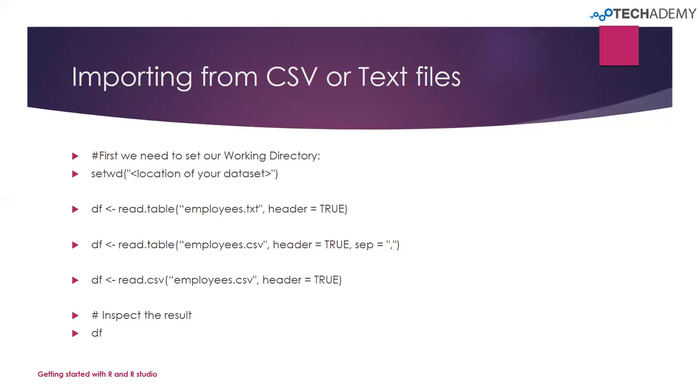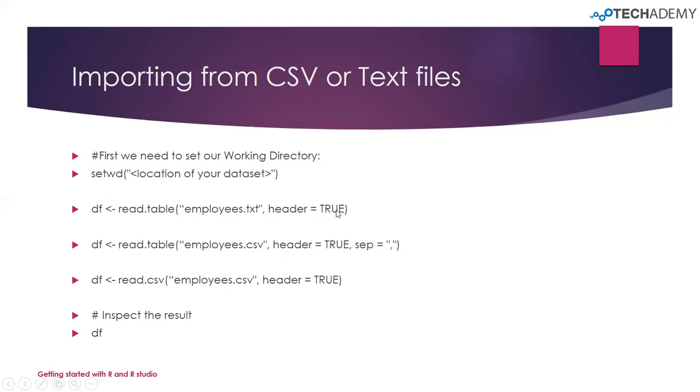Another way of getting data inside R programming is importing from files. For example, I have some data inside CSV files or text files. Then I can just use a function like read.table and specify the name of that file.